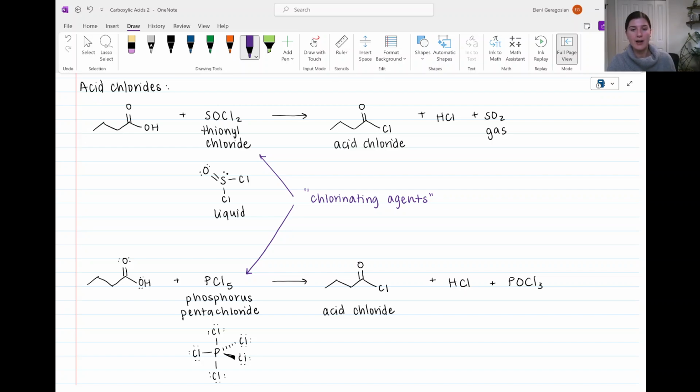So they provide a chlorine to other molecules. So if the other molecule is a carboxylic acid, then the product will be an acid chloride. These reagents can chlorinate other molecules. For our unit, we're focused on carboxylic acids, so we just need to remember that thionyl chloride and phosphorus pentachloride will produce an acid chloride molecule.